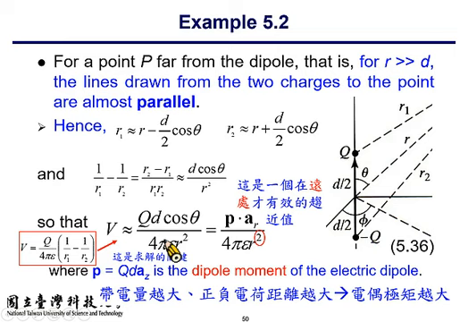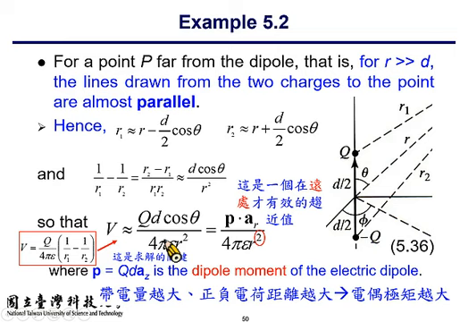the observation point is placed in the far field, so that the three lines, the three distances R1, R2, and R, are nearly parallel. Then we can find the difference between the three lines.